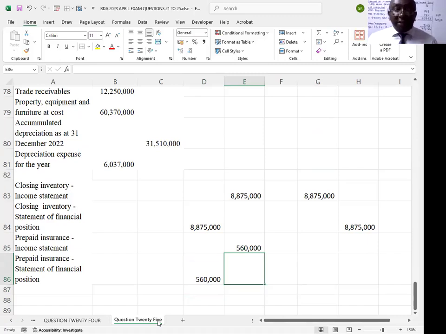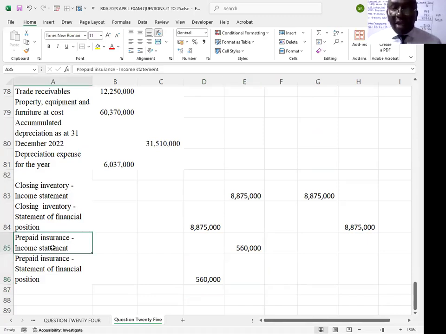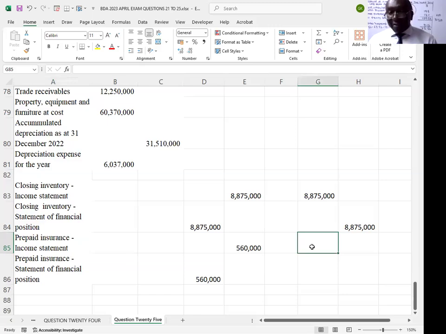So under the adjustments, I'm debiting because of what will go to the financial statement, statement of financial position, and I'm crediting because of what will go to the income statement. So I come and complete the cycle here by crediting the income statement, the column G. So I credit that one.